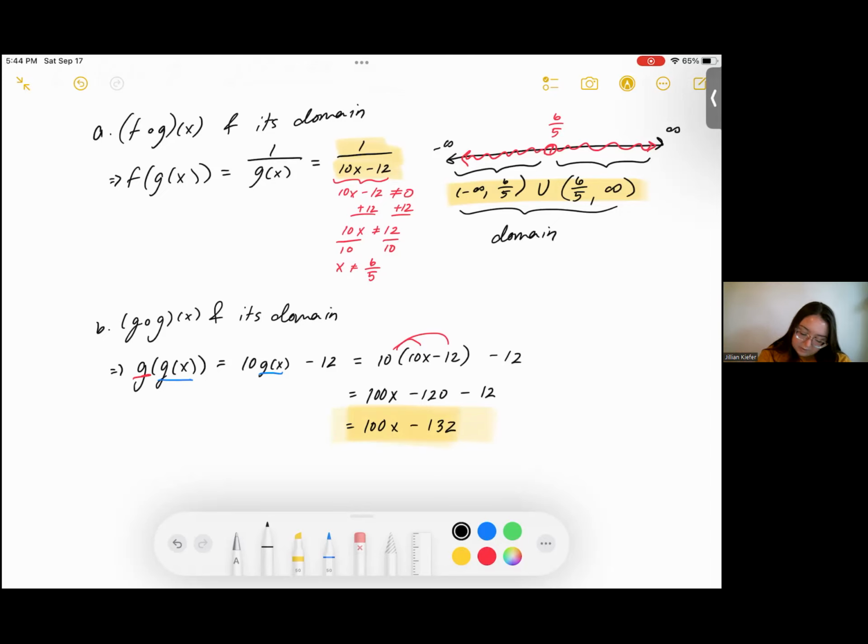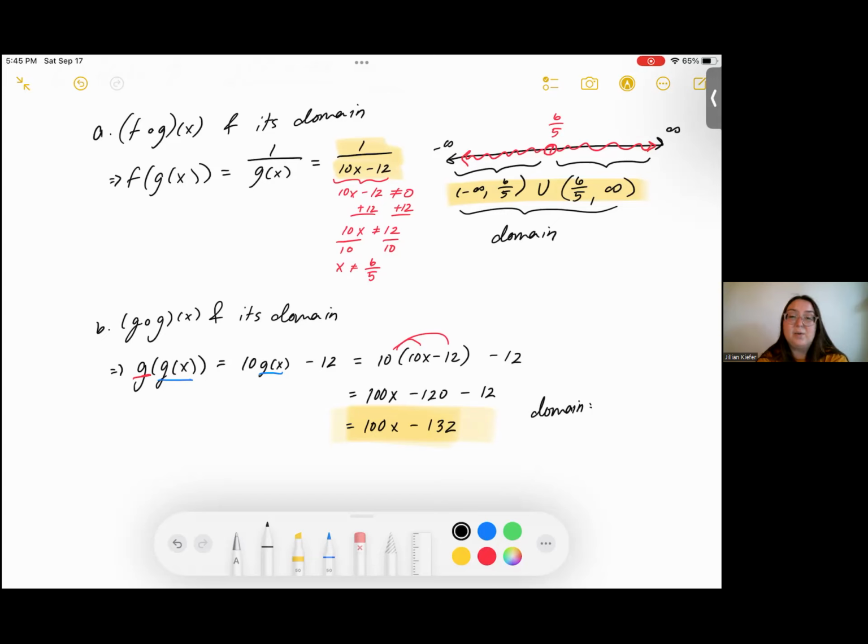Then we want to find its domain. We want to find the domain of this function. And what we said before, in the problems that we worked on earlier with domain, is that domain is almost always going to start at negative infinity to infinity. And having things like fractions with x in the denominator or having square roots would change that domain.